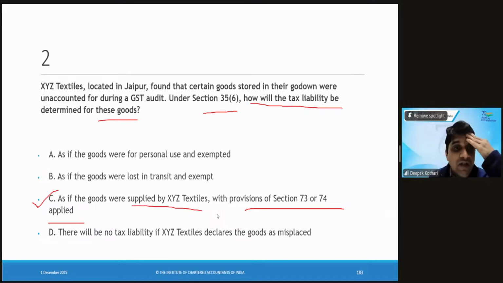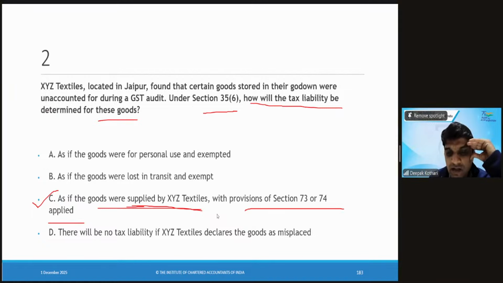If it is unaccounted, then they will be supposed to pay as if they had supplied the goods, and tax will be collected from them.